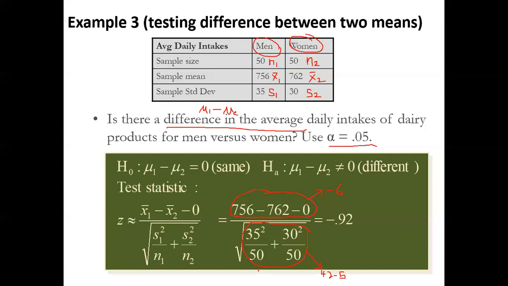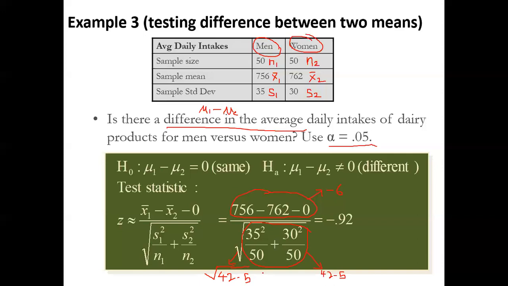Then the third step, you take the square root of the value 42.5.